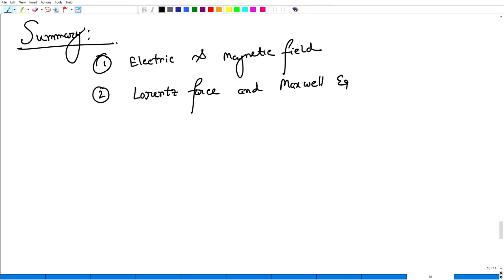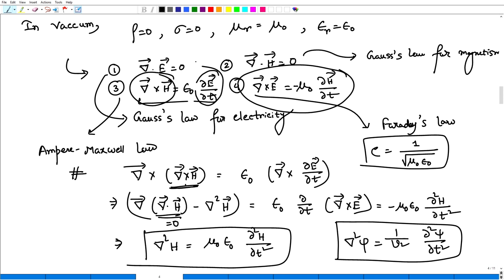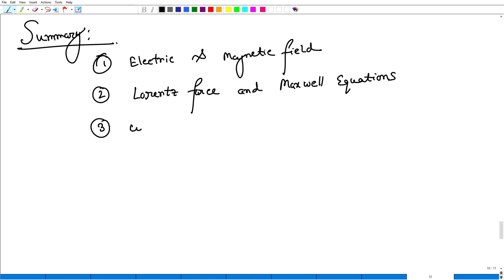Maxwell equations consist essentially of 4 equations. After analyzing the Maxwell equations, we evaluated the form of electromagnetic waves. In vacuum, with the 4 Maxwell equations, we obtain the wave equation, and then we obtain E and B, with k being the wave vector, kappa times n.